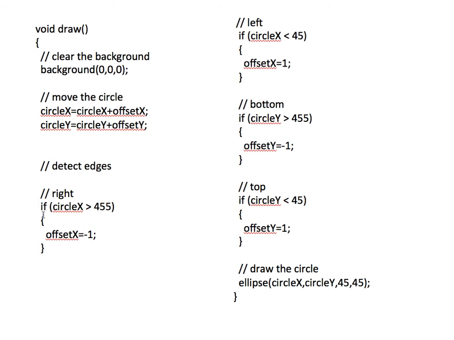So basically, if the x coordinate of the circle is greater than 455, that is, it's close to the right-hand edge, then we set the x offset to -1. That is, we flip it. So next time around the loop, we add -1 to the circle x, so that's essentially subtracting 1 from circle x, so it starts to move to the left, and so on.